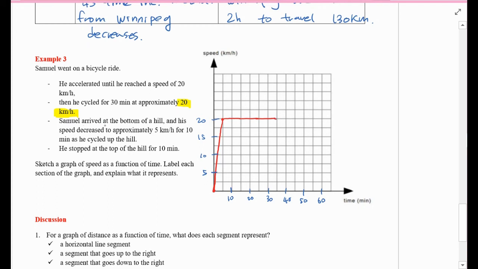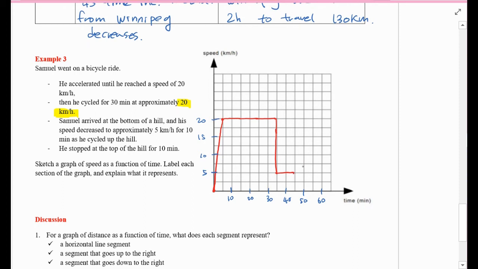And Samuel arrived at the bottom of the hill. Then his speed should be dropping quickly. And his speed decreased to approximately 5 km per hour. So drop the speed to 5 km per hour. And for 10 minutes, as he cycled up the hill. So he's going to just stay at 5 km per hour for 10 minutes. Now after that, he stopped.